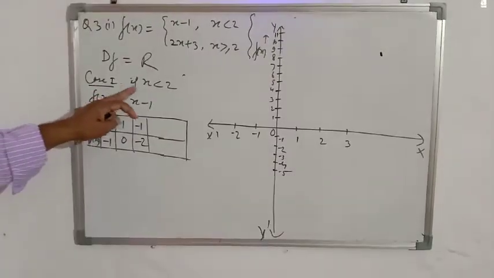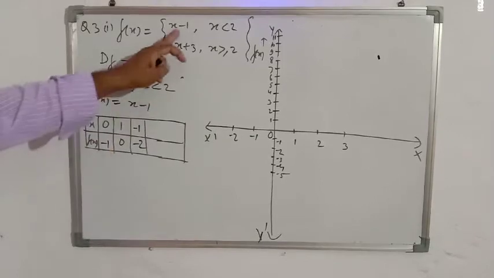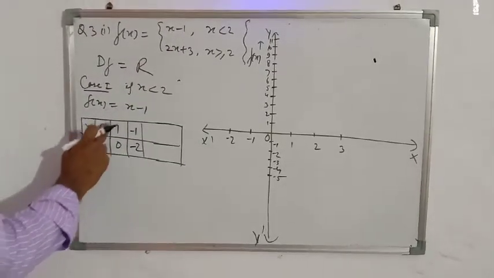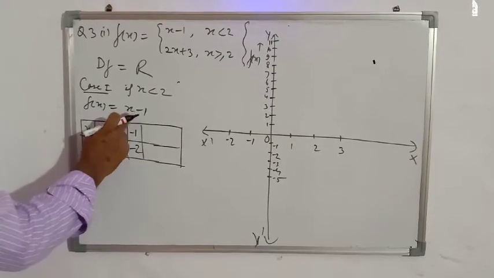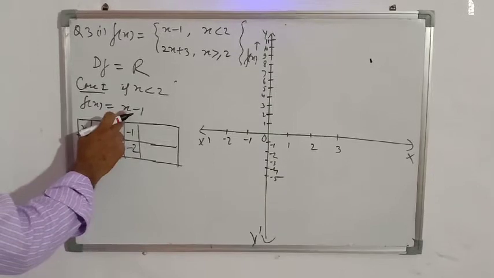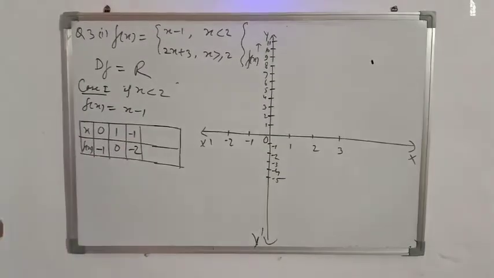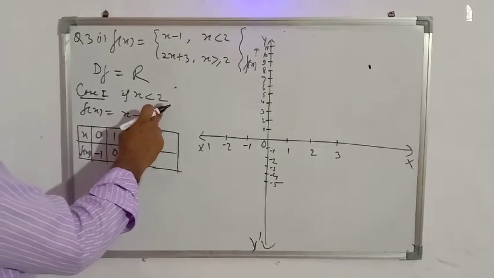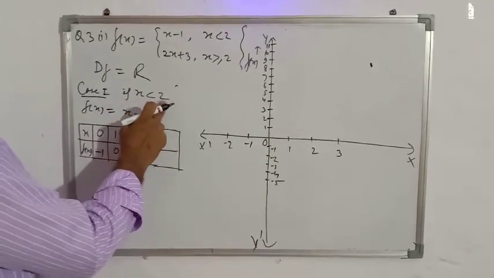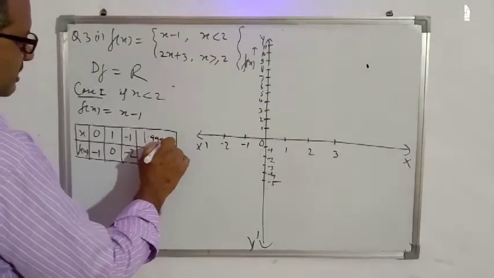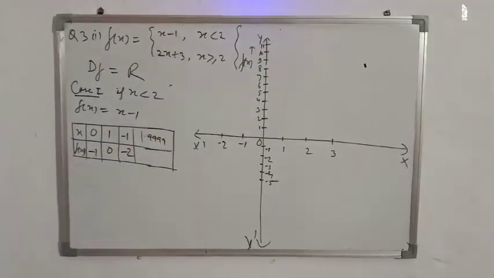So case first, if x is less than 2, f(x) is x minus 1. So make a table for x and f(x). x is 0, f(x) will be 0 minus 1, minus 1. If x is 1, 1 minus 1, 0. x is minus 1, minus 1 minus 1, minus 2. Here we have to take x less than 2, so we are going to take one value very close to 2, suppose 1.999.